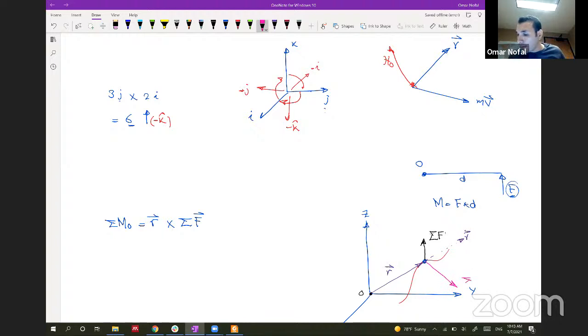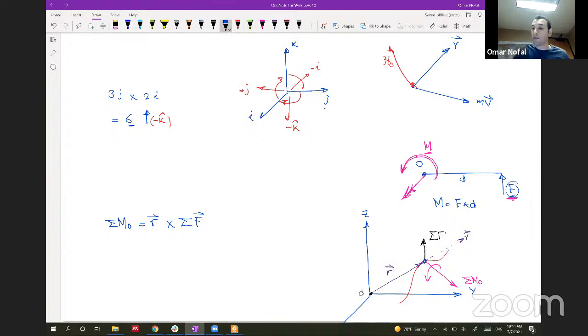Here is the sum of M_O, because it will curl like this, moving from R to F. Here is how the moment looks: it points this way. The moment can usually be written as a curled arrow, or a single arrow with double arrowheads, like this. So you know it's going this way.